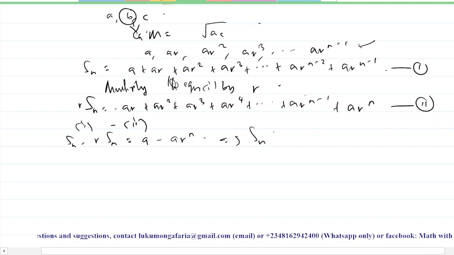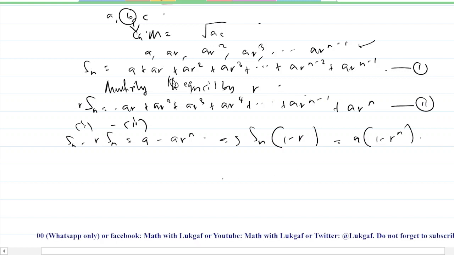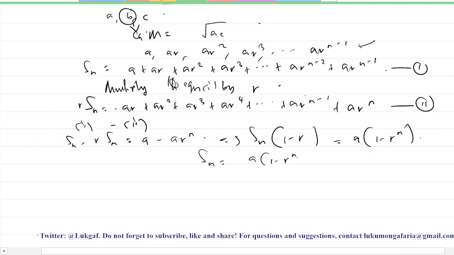If you factor it out, I'm going to have 1 minus R, equal to A times 1 minus R^n. You understand now? If you make Sn the subject of the formula, then I'm going to have Sn equals A into 1 minus R^n, divided by 1 minus R.